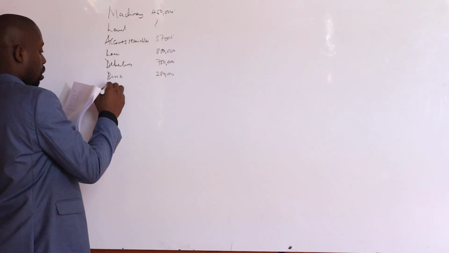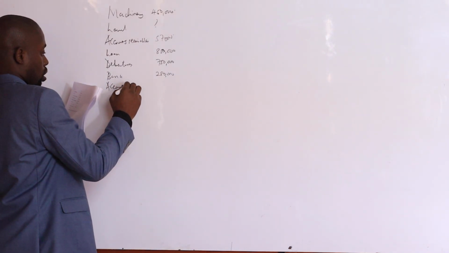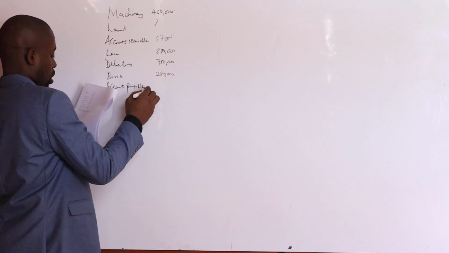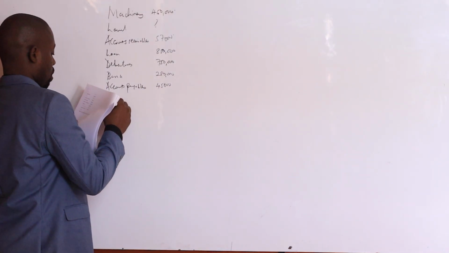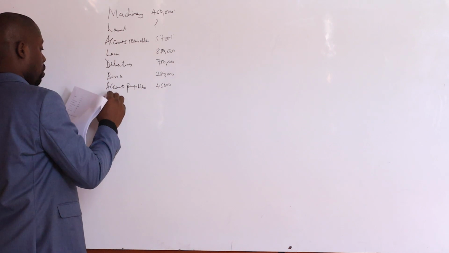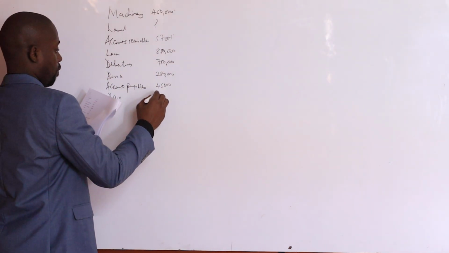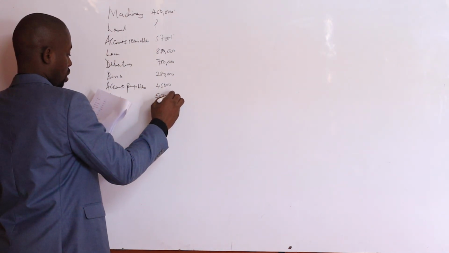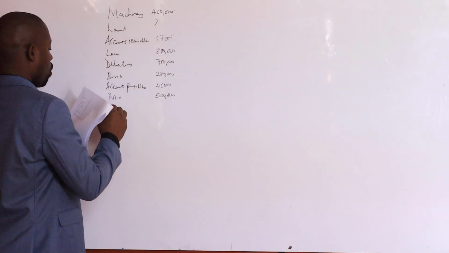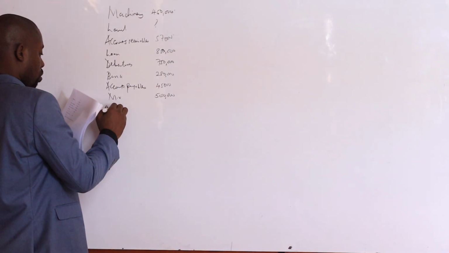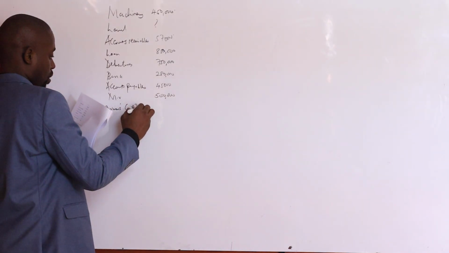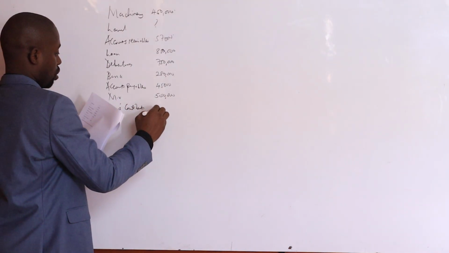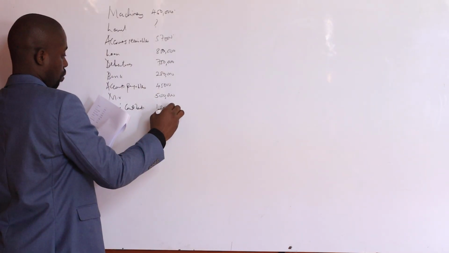Accounts payables, 45,000. We have got motor vehicle, 500,000. Owner's contribution, I called it owner's contribution with a reason. The owner has brought in 1.2 million.